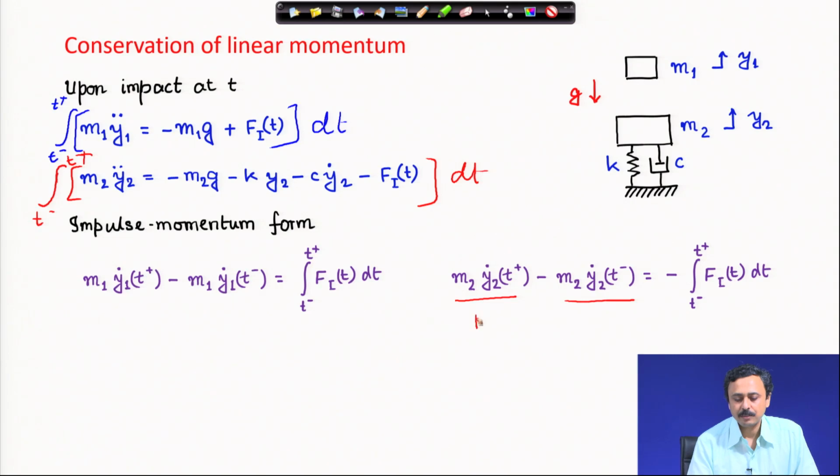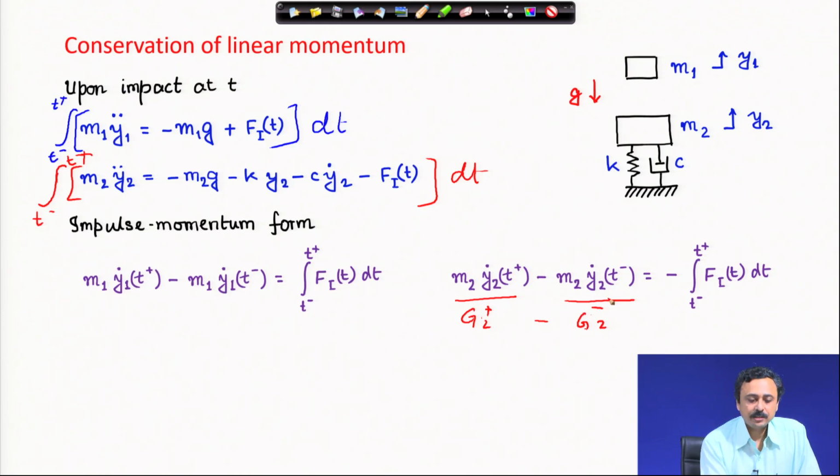These are linear momenta, let me call it g: linear momentum of particle 2 just after the impulse minus linear momentum of particle 2 just before the impulse is equal to, of course, minus the integral of Fi, the impulsive force.